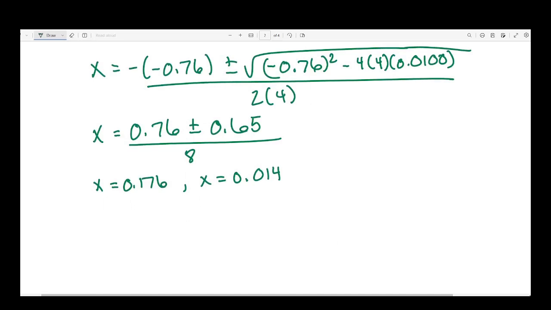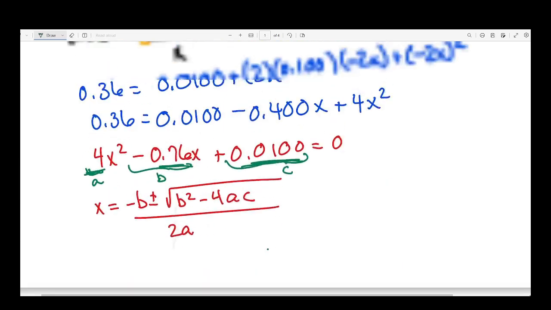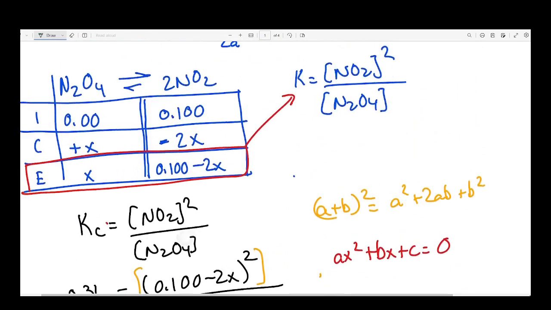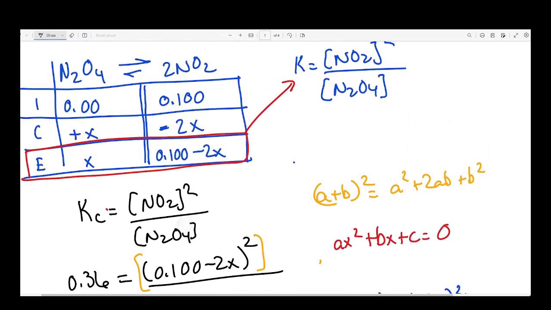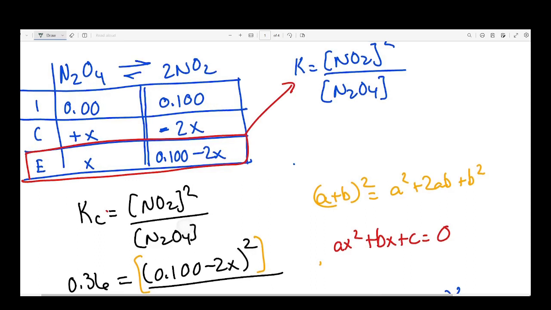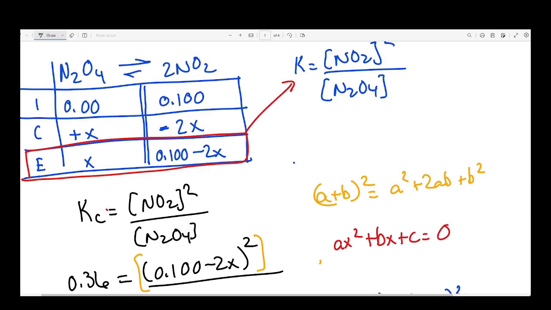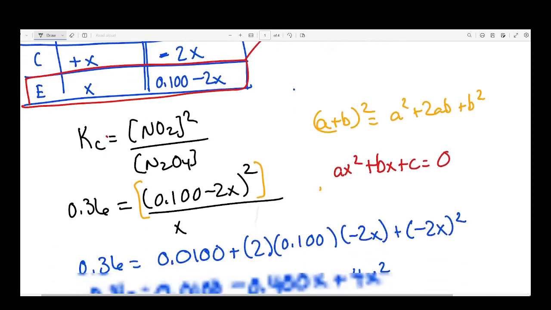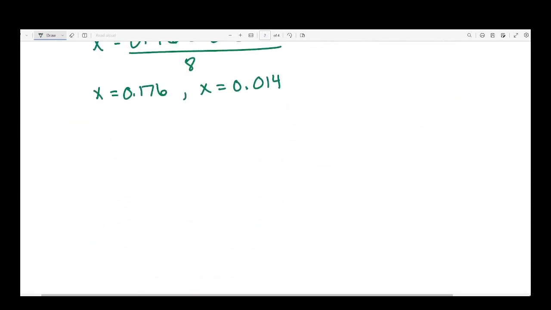Okay, so if we go back to our previous ICE table, we see that our N2O4 concentration equals X, and our NO2 concentration is 0.100 minus 2X.